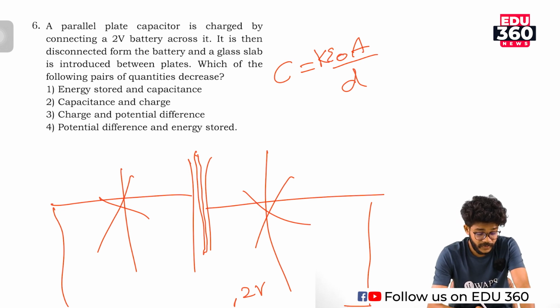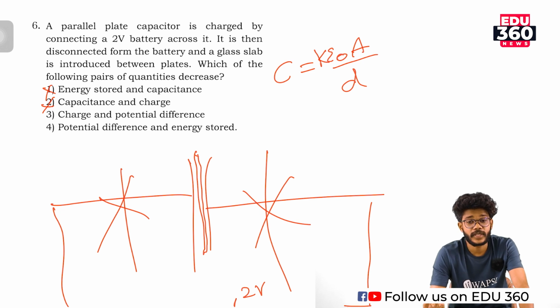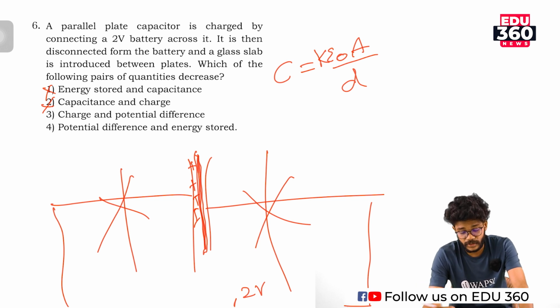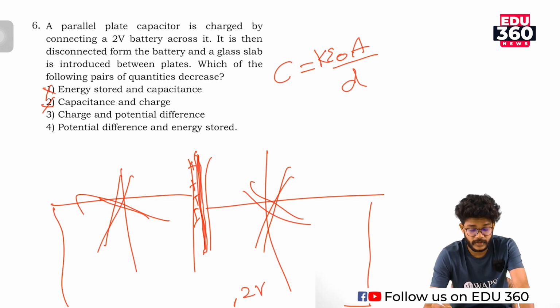So option 1 is incorrect, option 2 with capacitance is incorrect, and charge and potential difference. What happens to the charge? Initially the charge is distributed on the plates, and if you introduce a dielectric, nothing will happen to the charge because it is now disconnected.